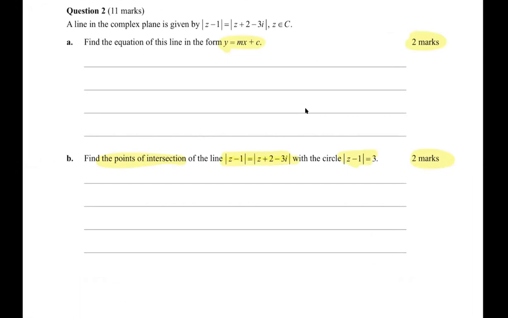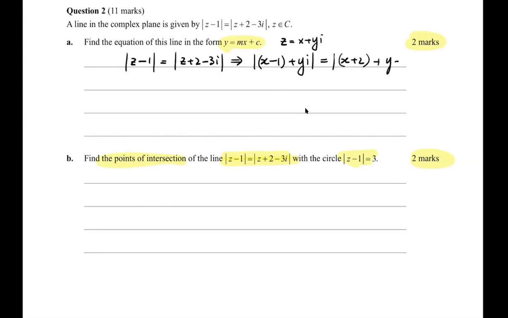For the very first question, substitute z equals x plus yi, I suppose. Z equals x plus yi, you should get the absolute value of x minus 1 plus yi equals the absolute value of x plus 2 plus y minus 3 in the bracket i. Now it's time for us to do some basic calculator operations.